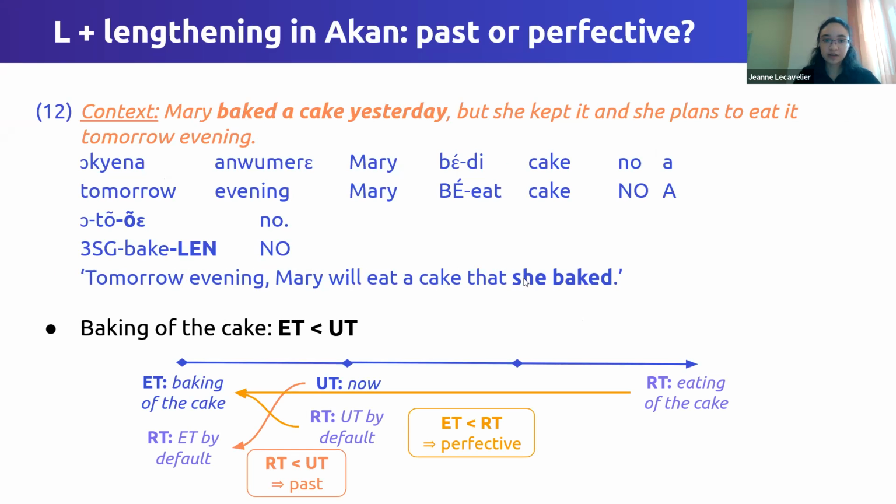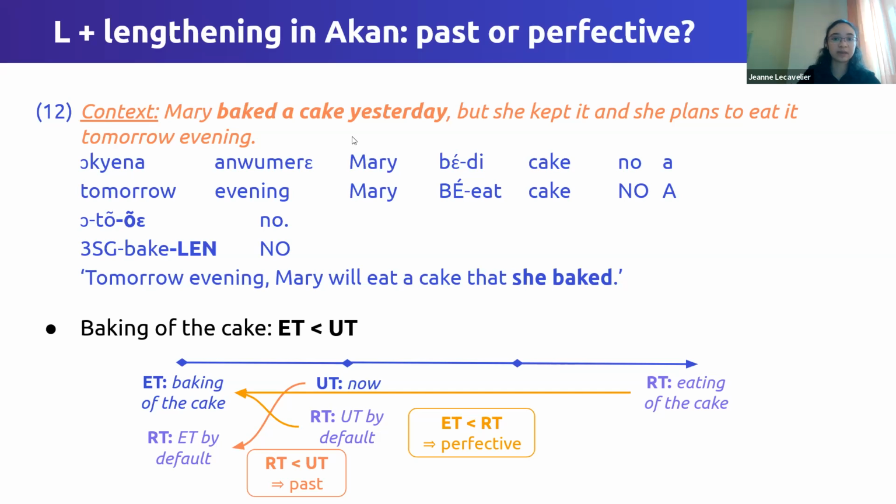And this sentence is quite ambiguous. Actually, the interpretation of this sentence depends on the context. And so we asked our native speakers to translate this sentence with two different contexts. The first one being given in 12. So Mary baked the cake yesterday, but she kept it and she plans to eat it tomorrow evening.